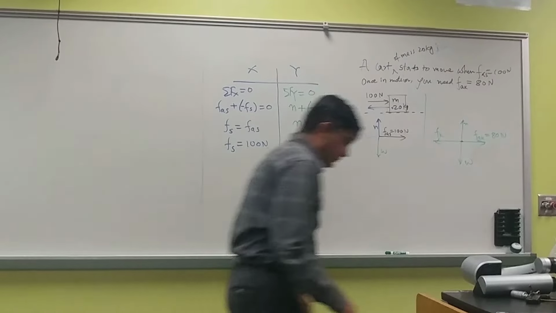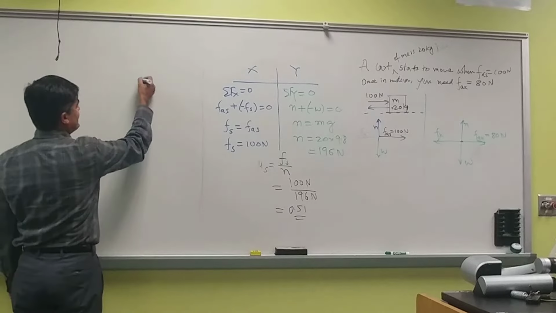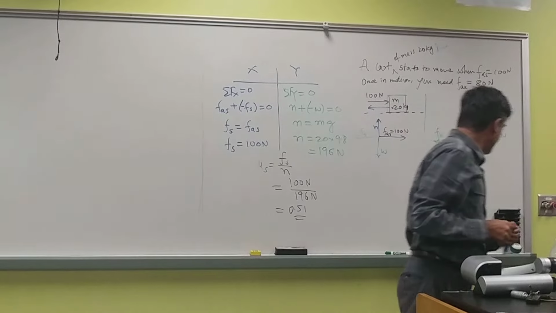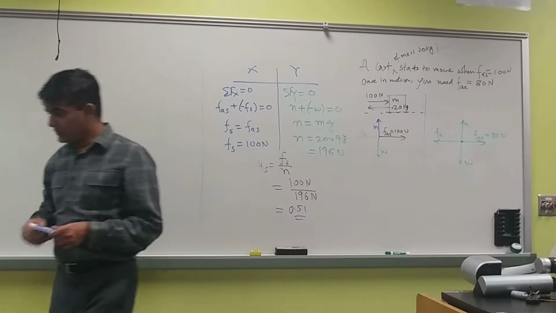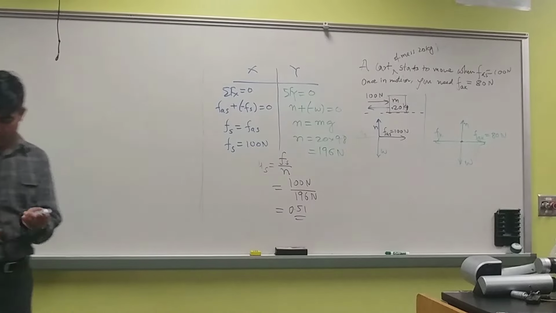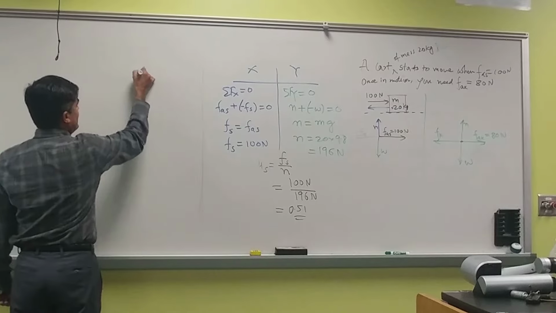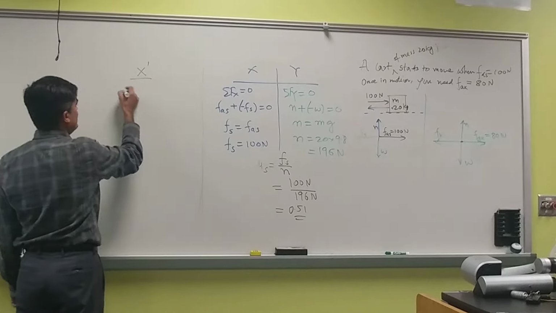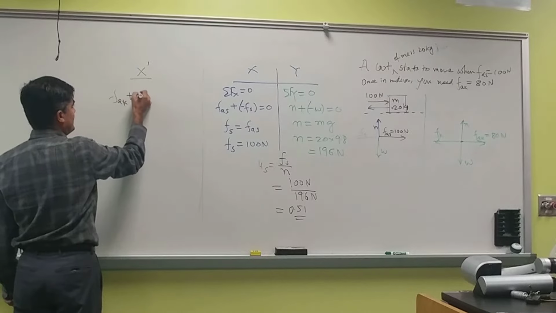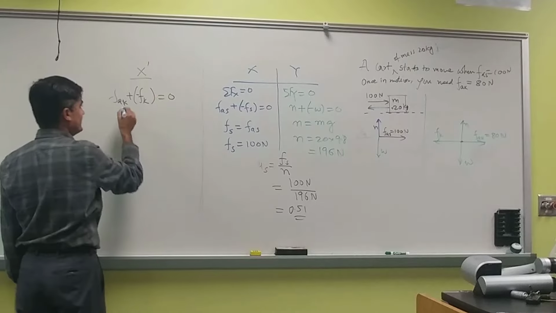So only in case of x there will be a change. F of a k minus F of k will be 0.